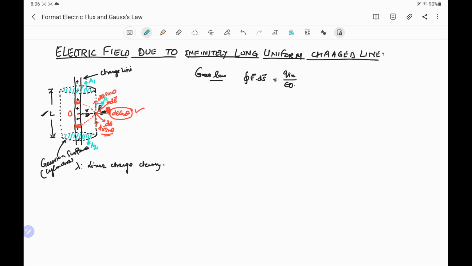So this area is A3. If we check at any point on the cylindrical surface, say this is one of the points, then here the area is also outward and perpendicular to the surface, and the field is in the direction of the area. That means on the cylindrical surface the electric field and the area are parallel, while on the circular surfaces the field and area are perpendicular.